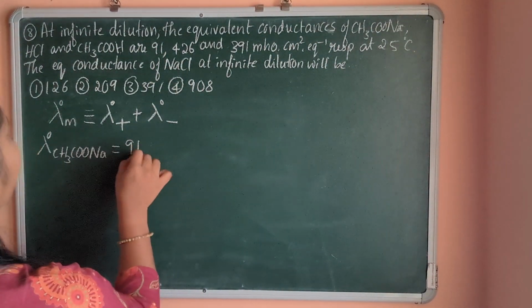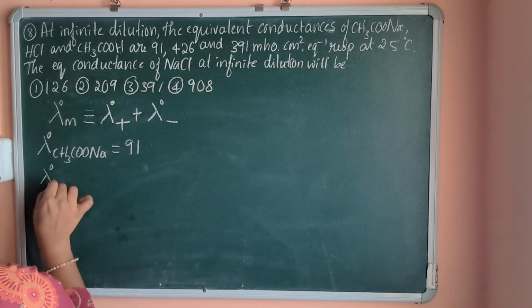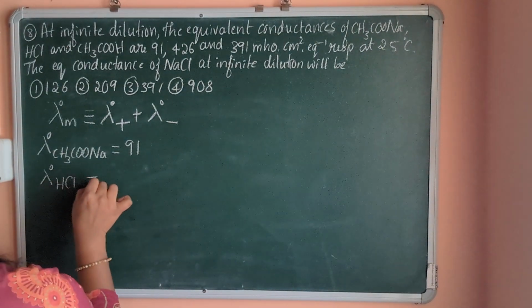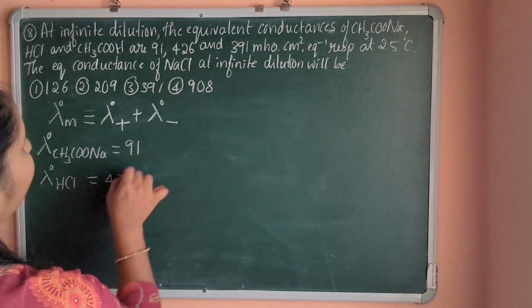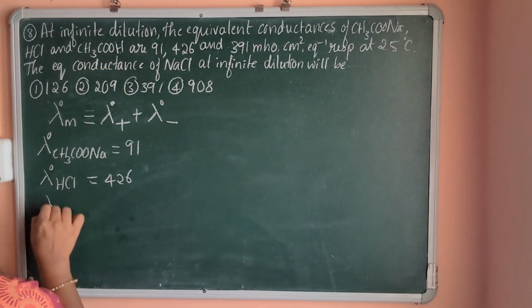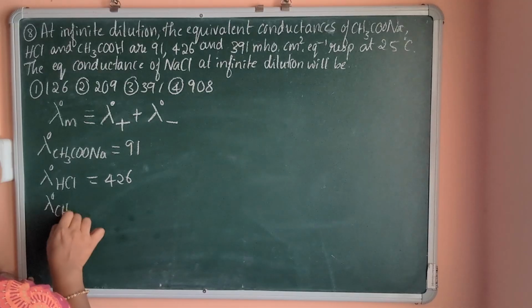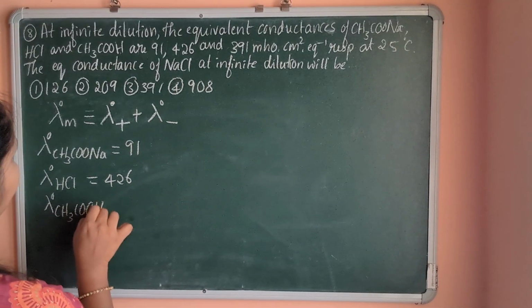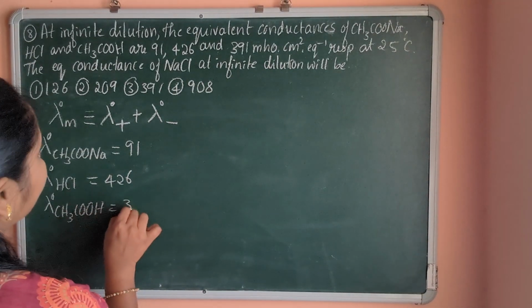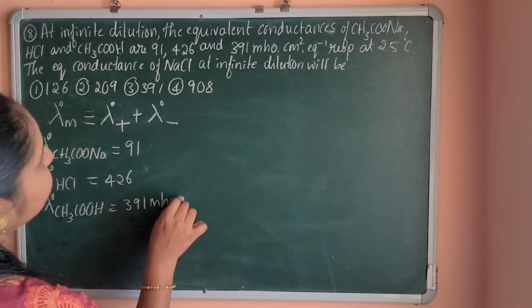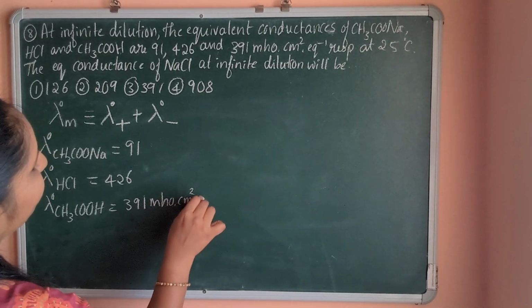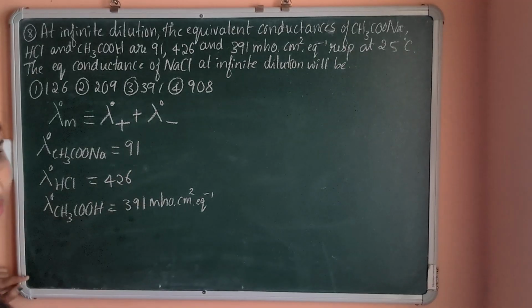The limiting molar conductivity of HCl is also given, it is 426. For acetic acid, the limiting molar conductivity is 391. The unit is mole centimeter square per equivalent, the same for all three here.